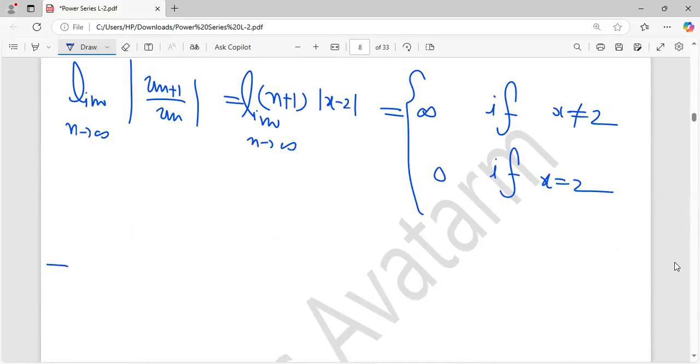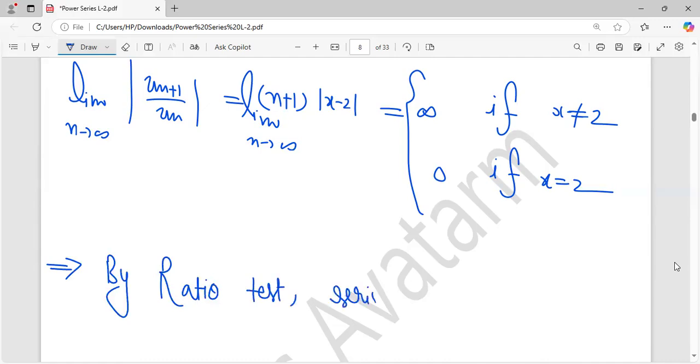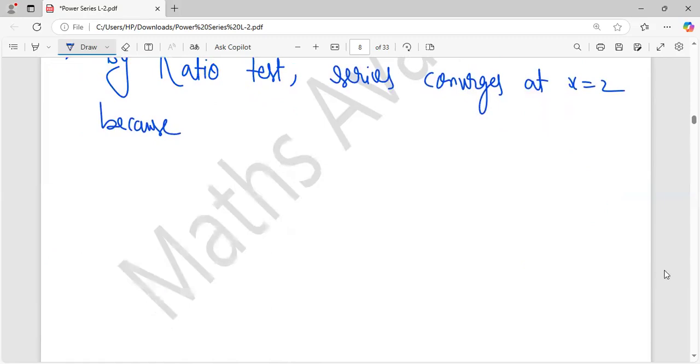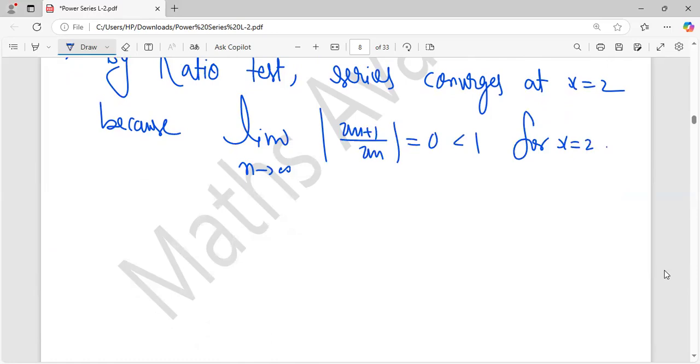So this implies by the ratio test the series converges at x equal to 2, because the limit as n tends to infinity of u_(n+1) upon u_n is equal to 0, that is less than 1, for x equal to 2.